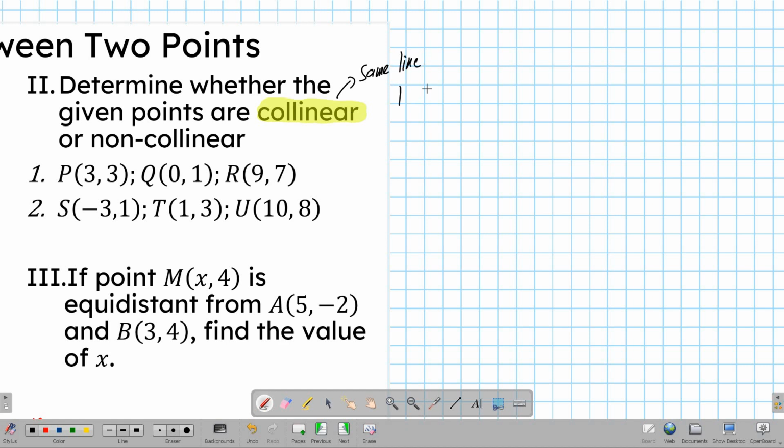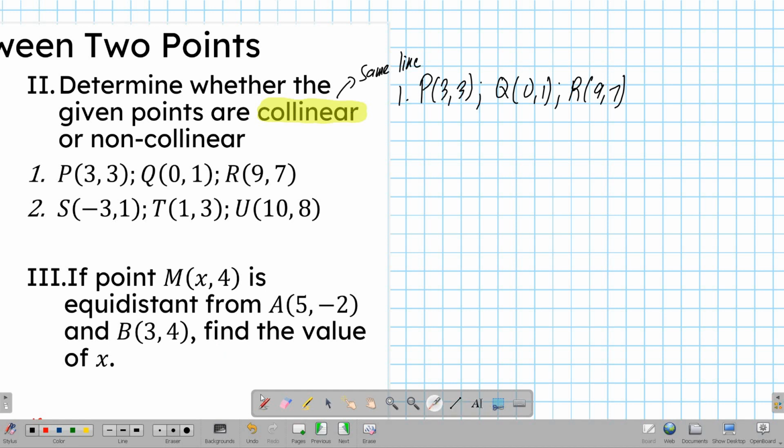So in number 1, let's see whether point P with coordinates 3, 3, point Q with coordinates 0, 1, and point R with coordinates 9, 7 are collinear. Now, how can we use distances to determine whether 3 points are collinear?